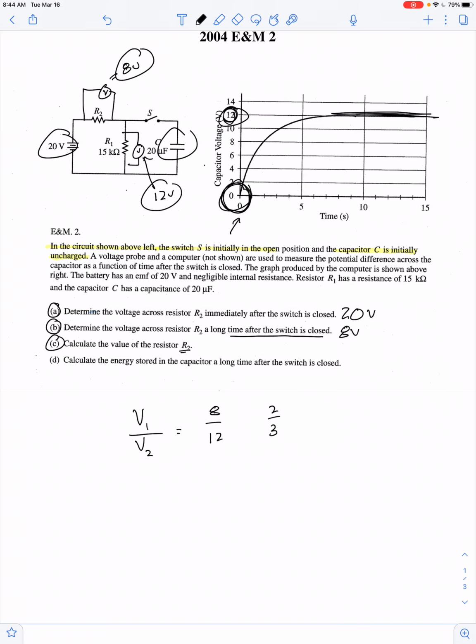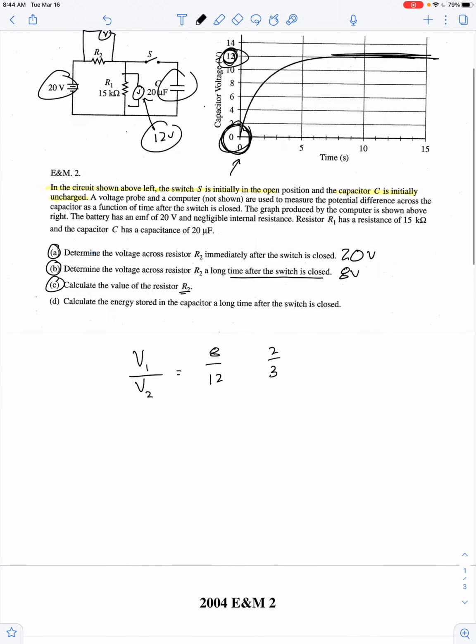Well, it turns out, if you remember from our study of voltage dividers earlier in this lesson, the ratio of the voltages in a voltage divider is equal to the ratio of the resistances.